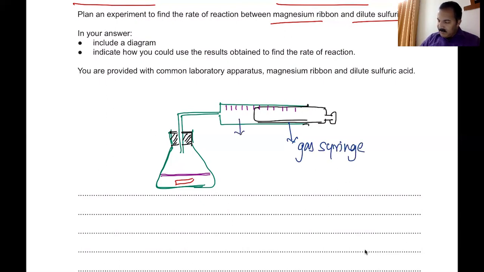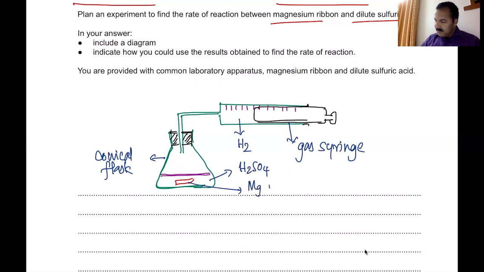This one, hydrogen, that's hydrogen gas. This is the conical flask. What acid is that? Sulfuric acid, H2SO4. This is magnesium ribbon, Mg ribbon, and that's a rubber bung, rubber cork. That's it.